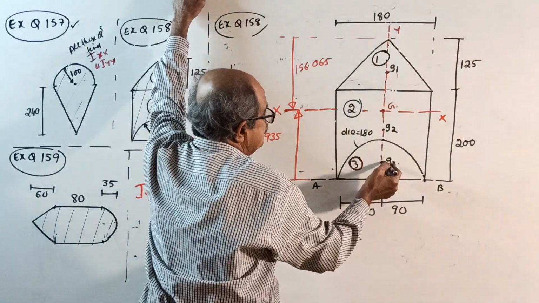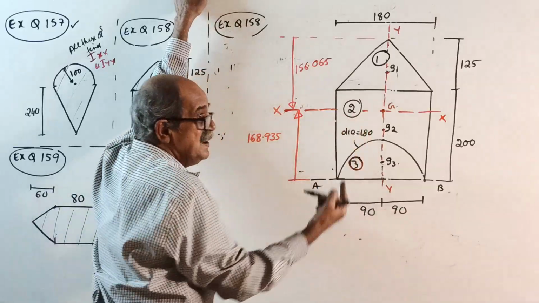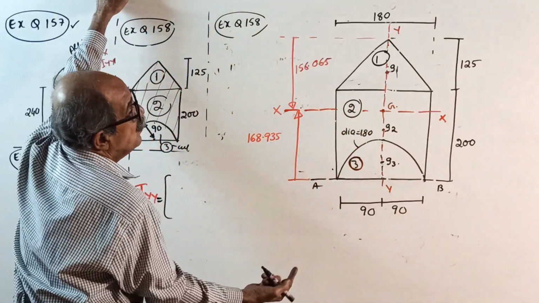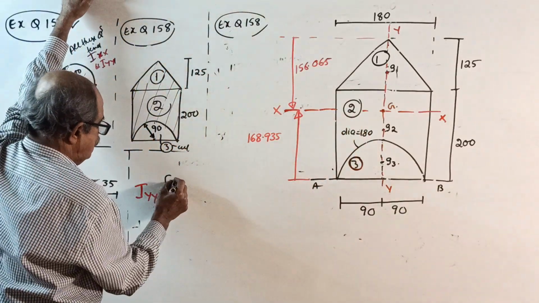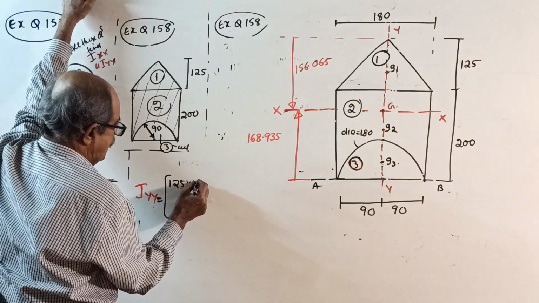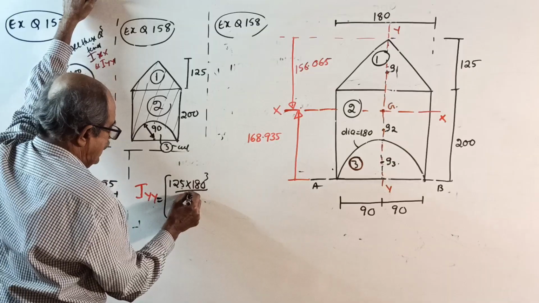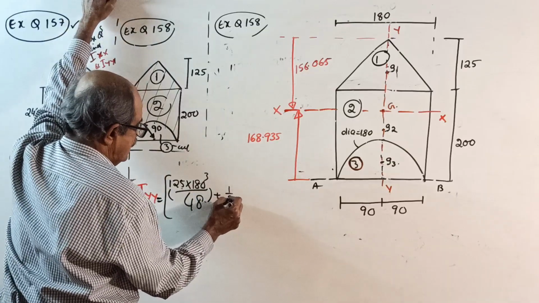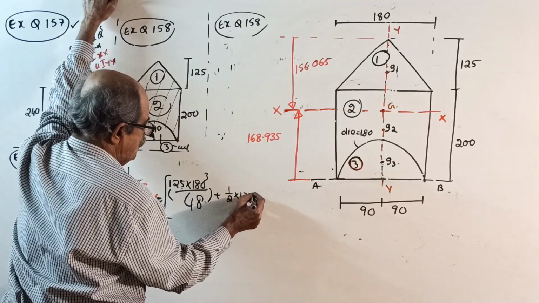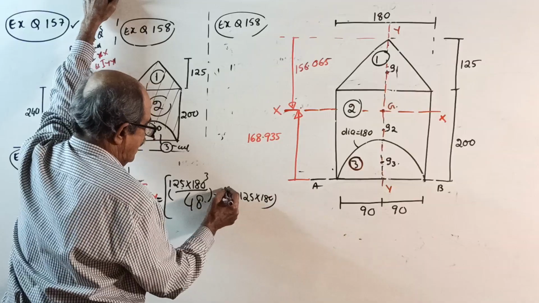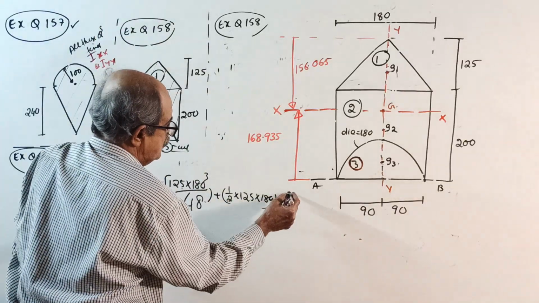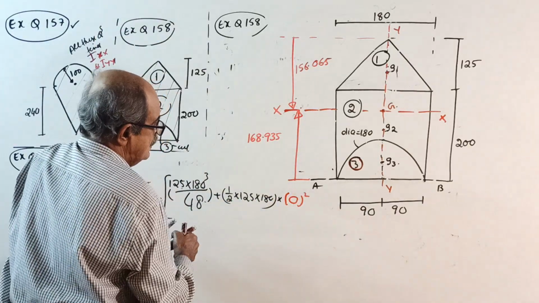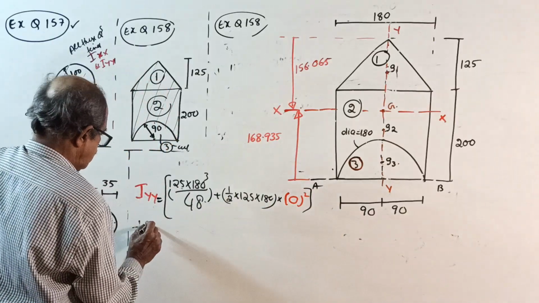I_YY. First, all three component centroids are lying on the YY axis. Therefore, you know it: 125 into 180 cube divided by 48. Why 48? You should think. Plus half into 125 into 180 is the area, actually not required, into 0 square, that is for 1.